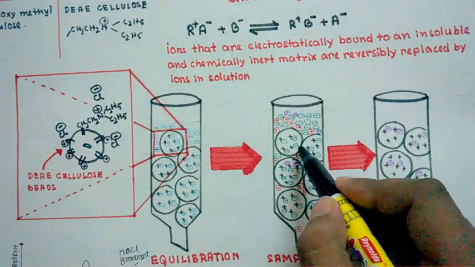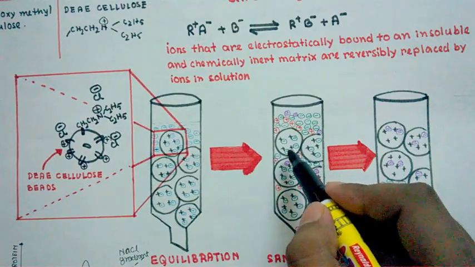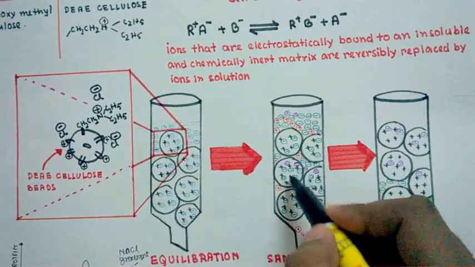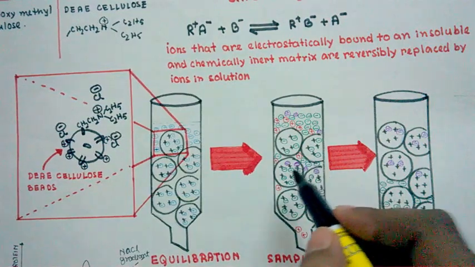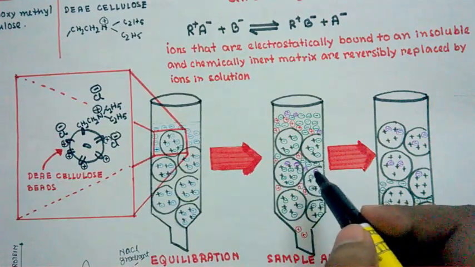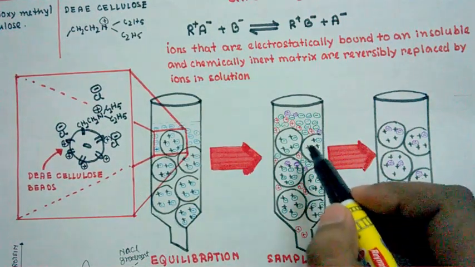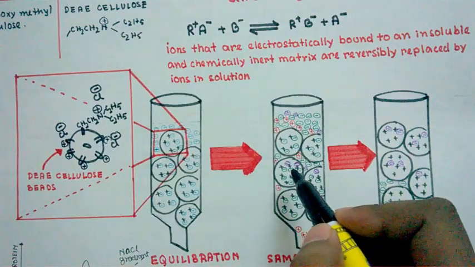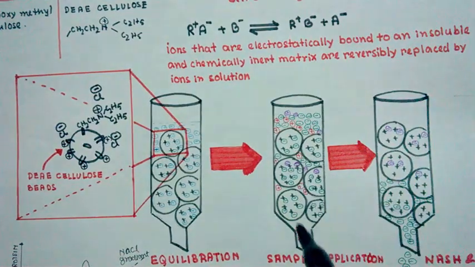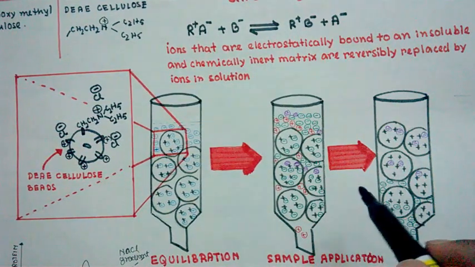These green proteins bind to the matrix, and these violet ones have a greater amount of negative charge, that means a greater amount of negative, acidic groups in them. They would also bind to the beads. But these red ones which have positive charge could not bind to the matrix. This binding happens by electrostatic interactions.